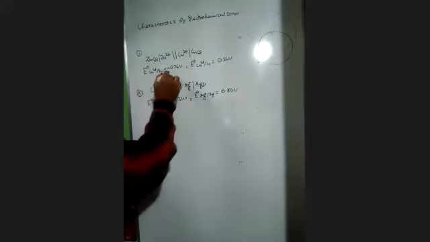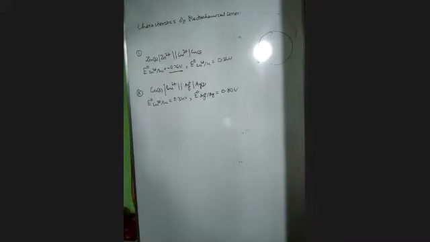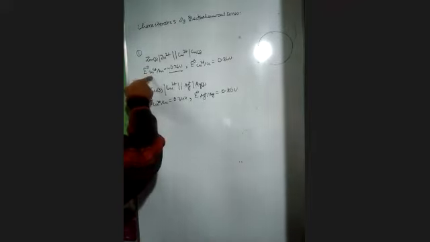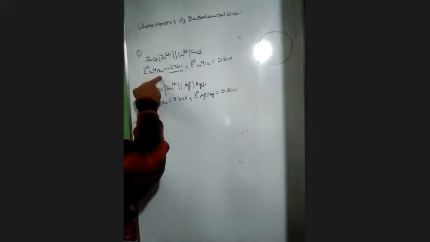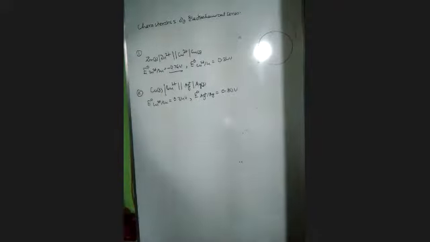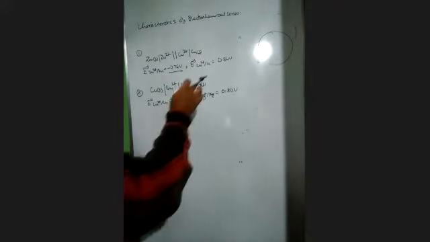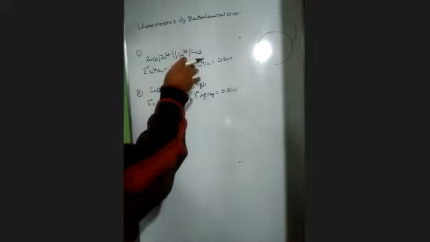See, this is lower, acting as an anode. And so here this one is losing electrons, it is a reducing agent. This is higher, it is gaining electrons, because of that it is an oxidizing agent.